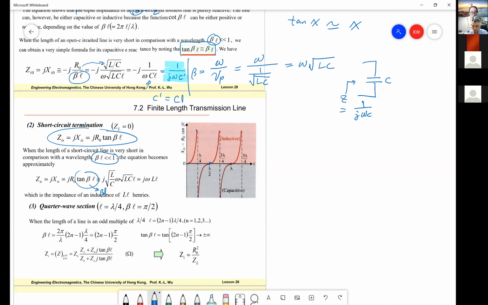So then we can find the impedance equal to this, or this is j omega L prime, where L prime is the unit inductance multiplied by total length L, right? So that means another way we realize an inductor in our circuit is using a very short length short circuit transmission line.